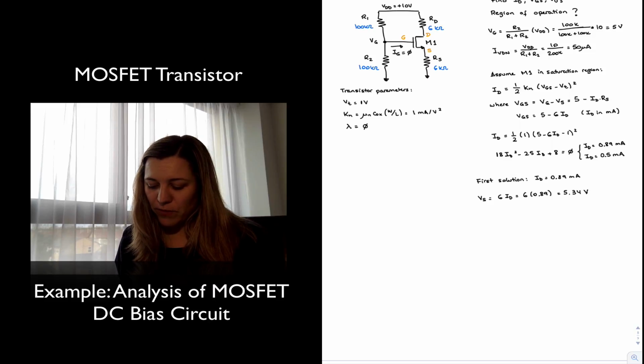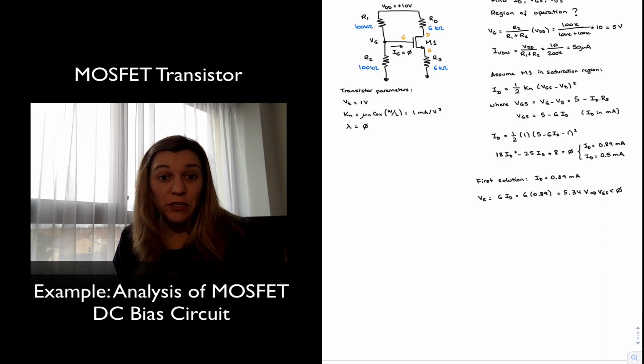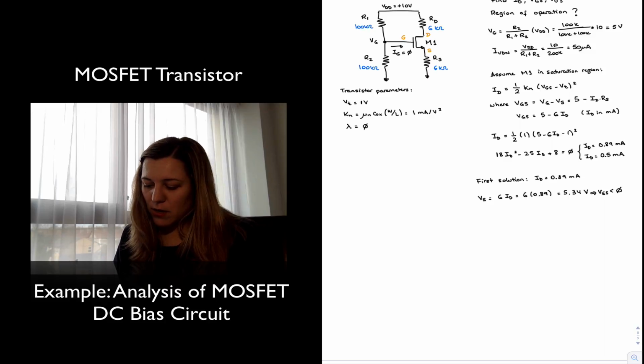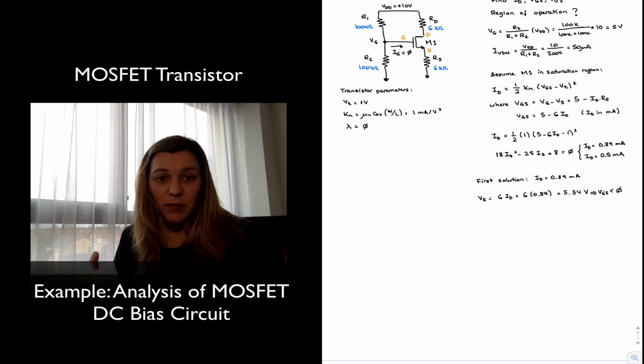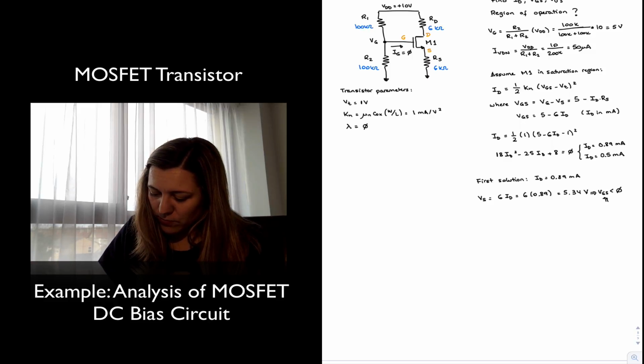And so if I had a VS of 5.34, that will imply that my VGS is less than 0. It's a negative voltage. It's minus 0.34 volts. And so this is inconsistent with my assumption, because my transistor will be in cutoff then. So, inconsistent with the assumption of saturation.